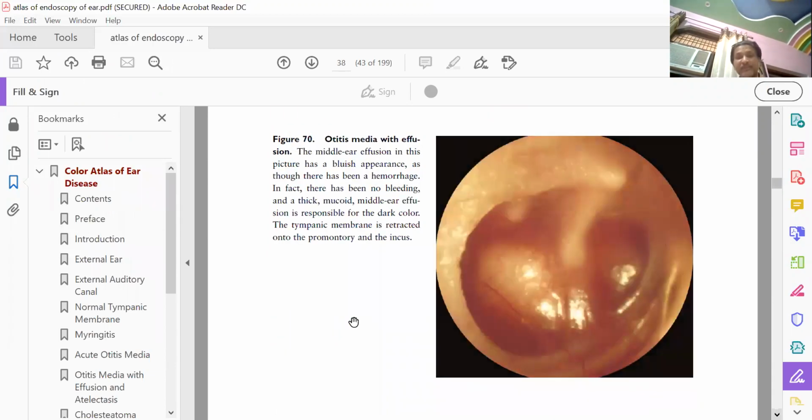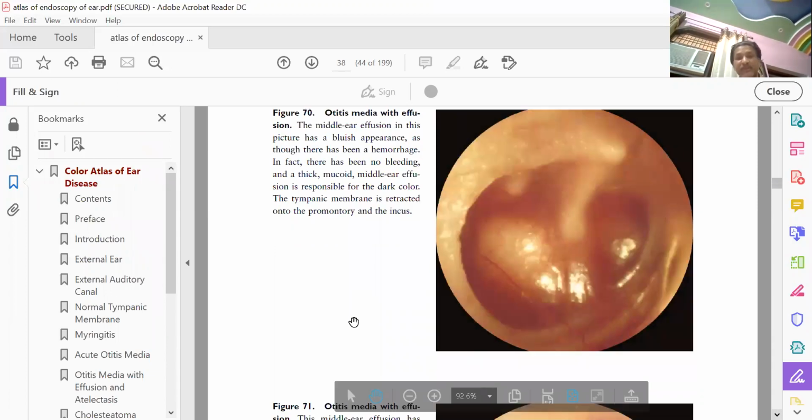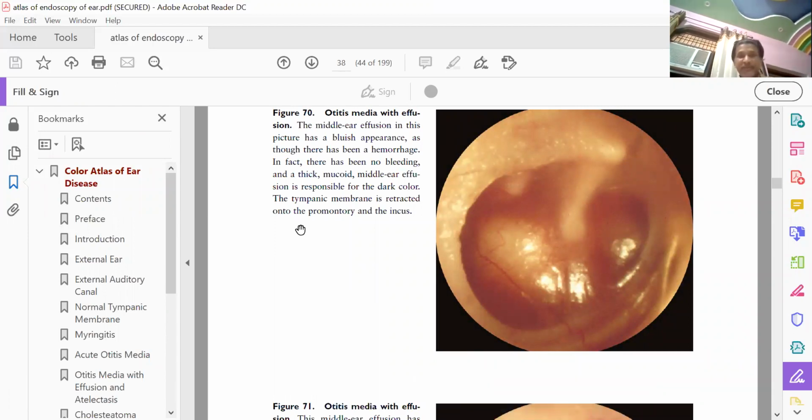So we will discuss probably the last remaining topic for ENT. We have gone through modern otology, right from the anatomy to physiology to middle ear anatomy. Then we moved on to acute otitis media, secretory otitis media, chronic suppurative otitis media.